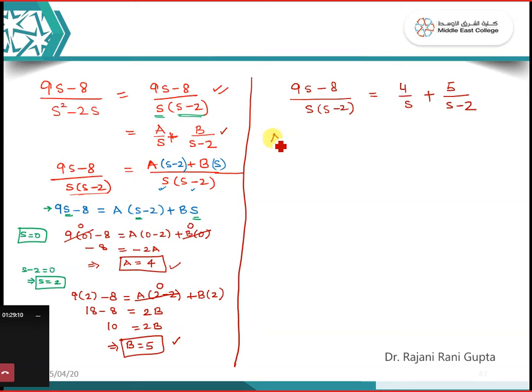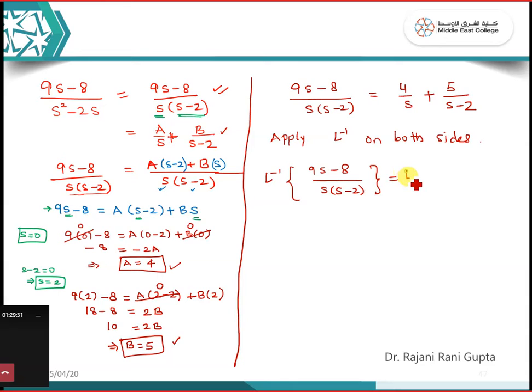So now apply Laplace inverse on both sides. What we did by partial fraction, it was in multiplication, we changed it to addition. So Laplace inverse of 9s minus 8 over s times s minus 2 is the same as Laplace inverse of 4 over s plus Laplace inverse of 5 over s minus 2.